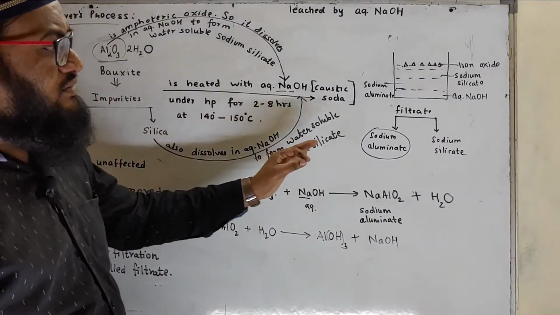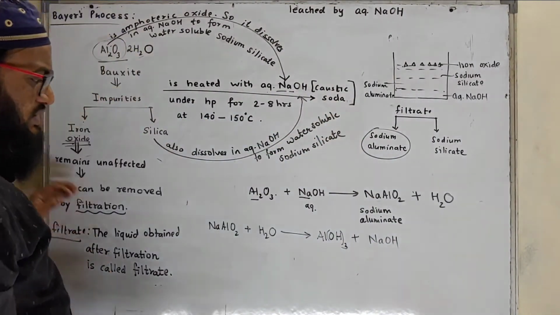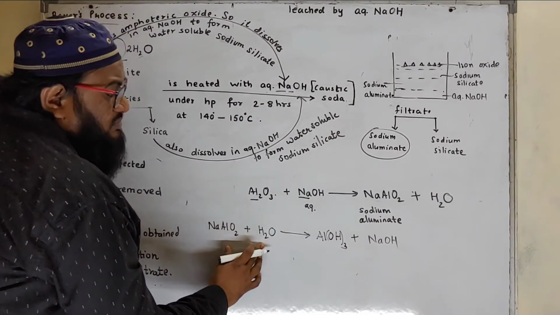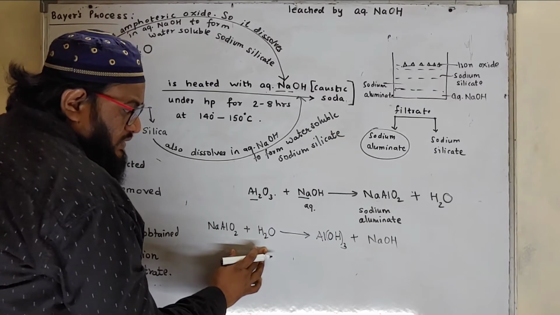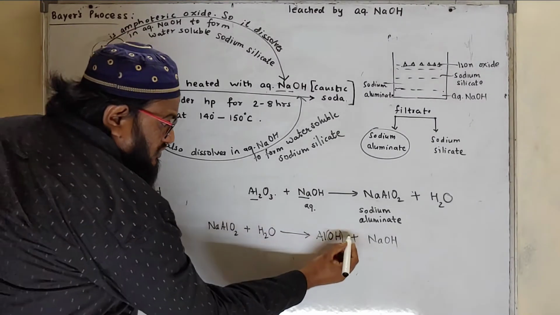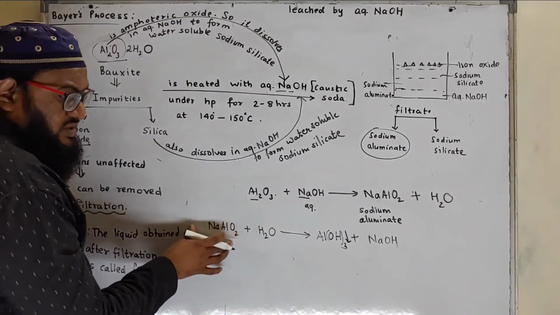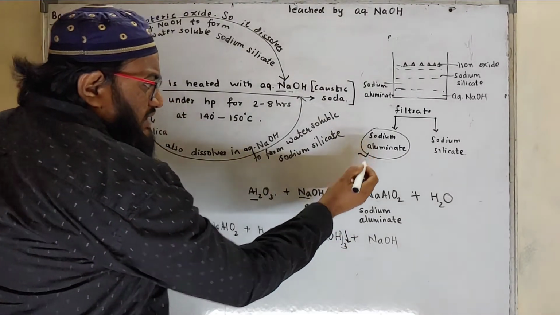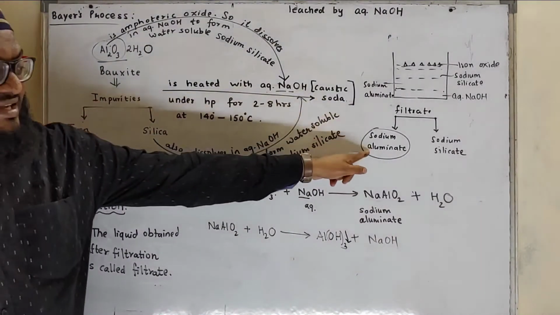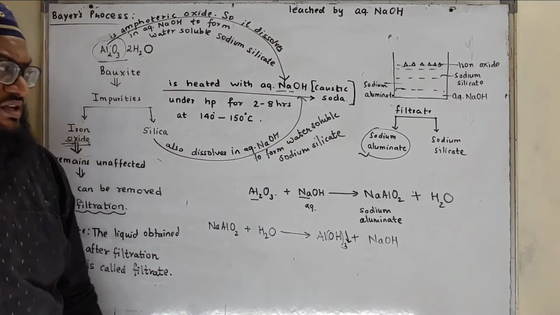Now we need to get aluminum hydroxide first. See, sodium aluminate, that is NaAlO2, is diluted by putting in water. It will result in precipitation of aluminum hydroxide. Sodium aluminate is diluted by putting in water, and then it is cooled to 50 degrees Celsius.